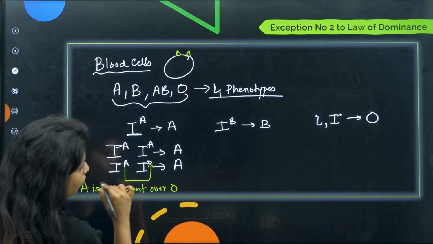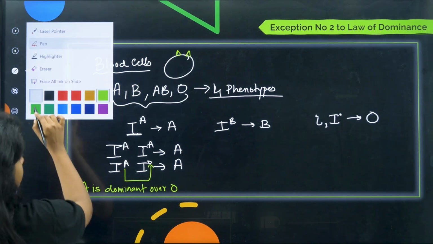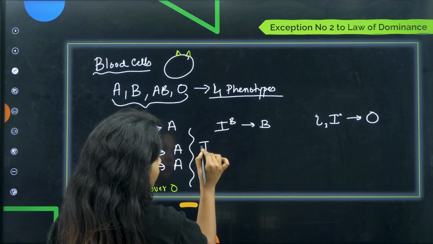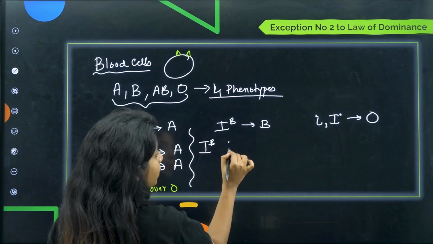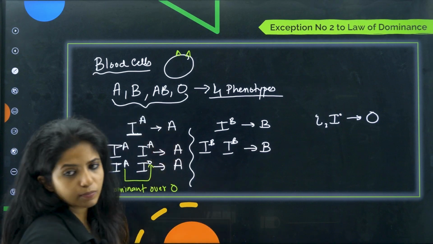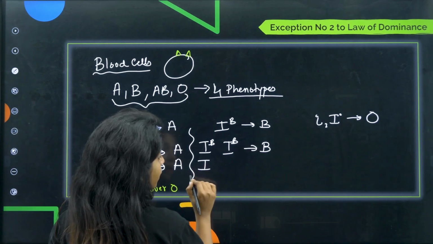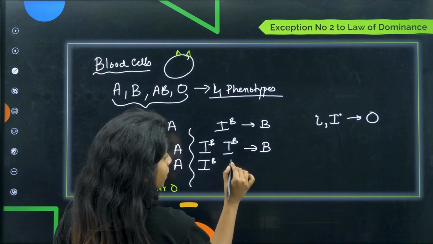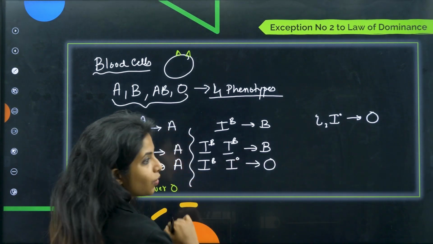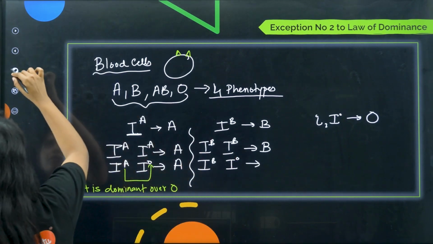Agreed? A is dominant over O. Now what about B? Let's see. For having B blood group, from one parent you should have IB, and from the other parent also you can have IB. In this case it will be the homozygous B condition. Next scenario, when from one parent you have B, and from the other parent you have O. At this point also there will be B blood group.